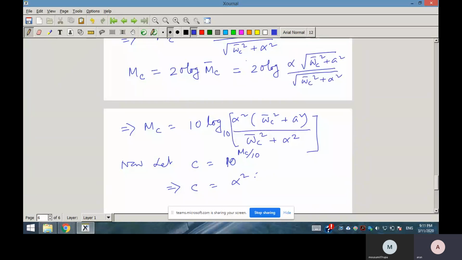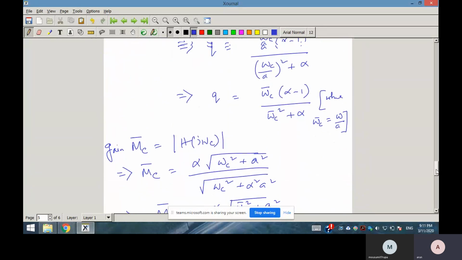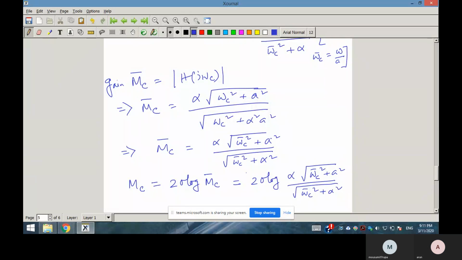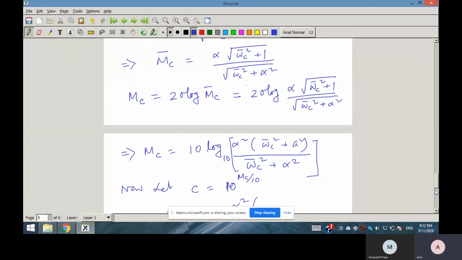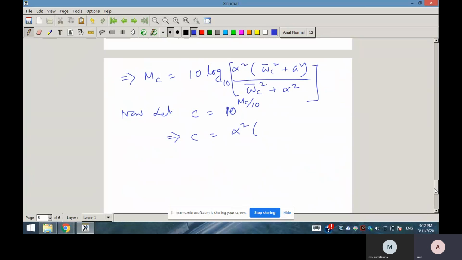Alpha square into omega c bar square plus 1, divided by omega c bar square plus alpha square. When you are normalizing, this will be 1.